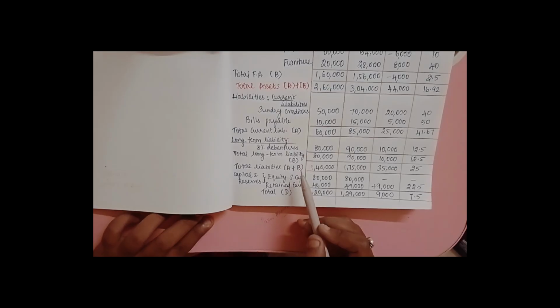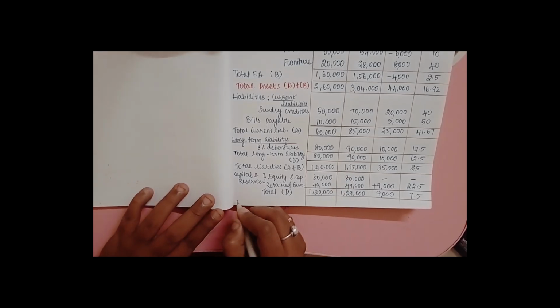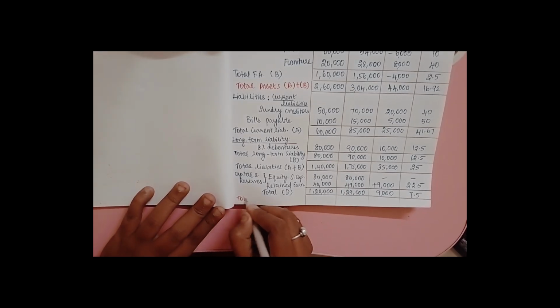Now let's total this 1,40,000 total and this total, which will be your total liabilities.